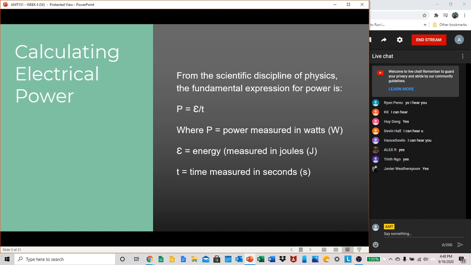The symbol for that is a capital W. And where script E equals energy measured in joules, capital J, and little t means time measured in seconds. So that is our equation for power.